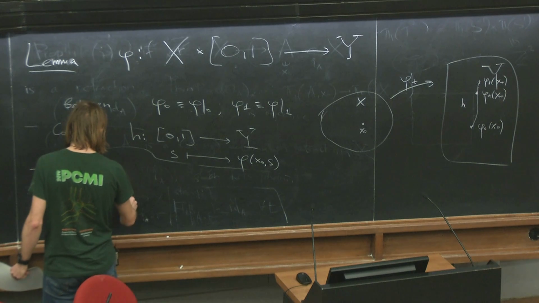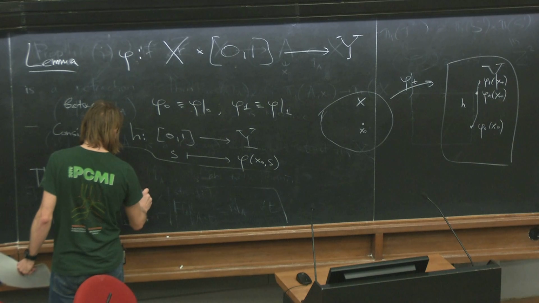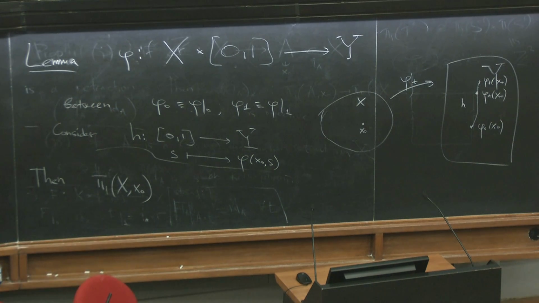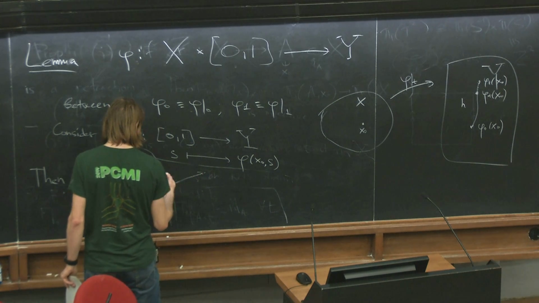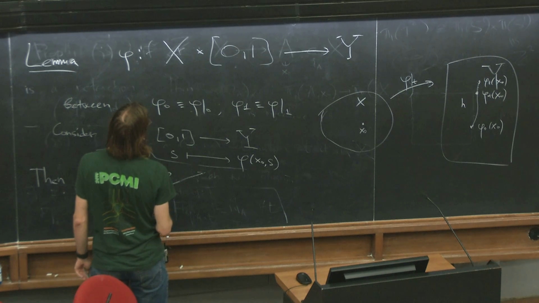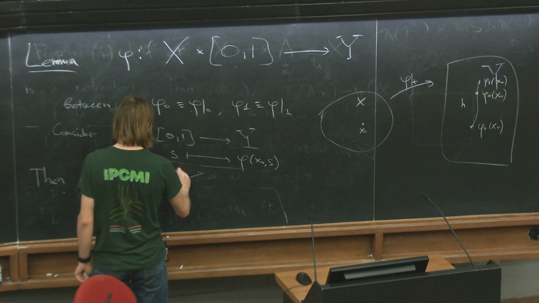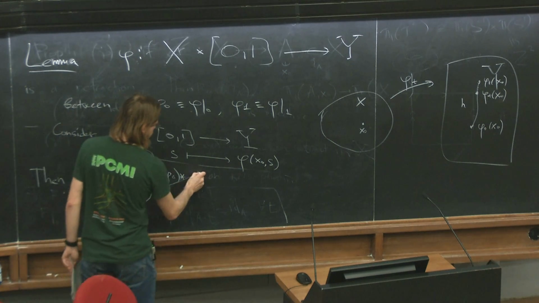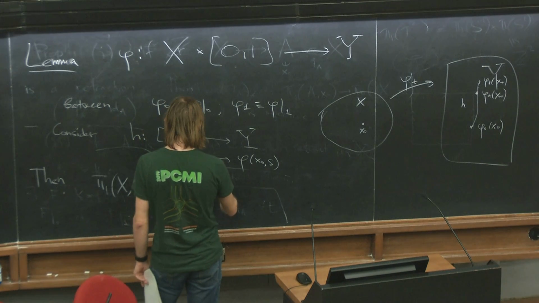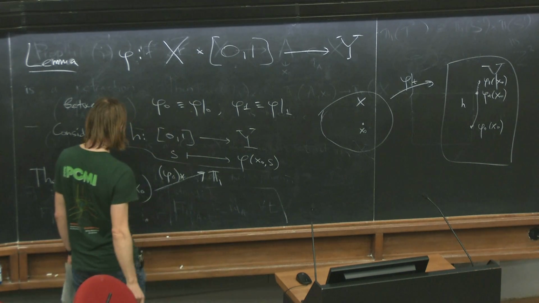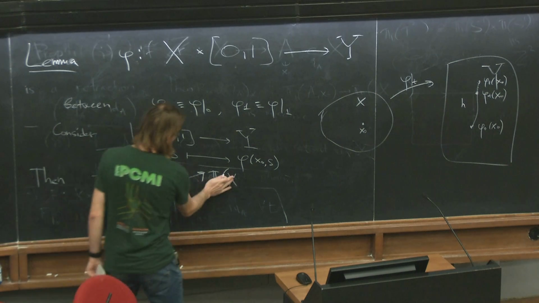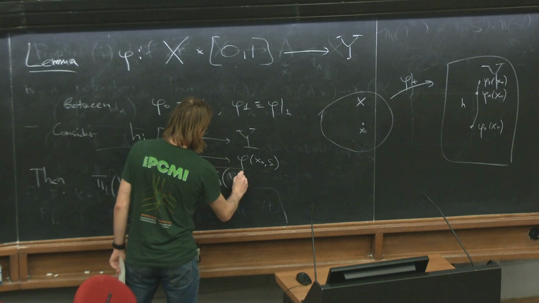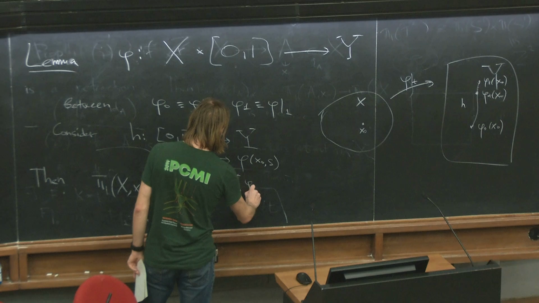You can see the pi_1 of X with base point x0, and then we can consider the push forward of phi_0, which, by definition of push forward, will be mapped into pi_1 of Y with base point phi_0 of x0.